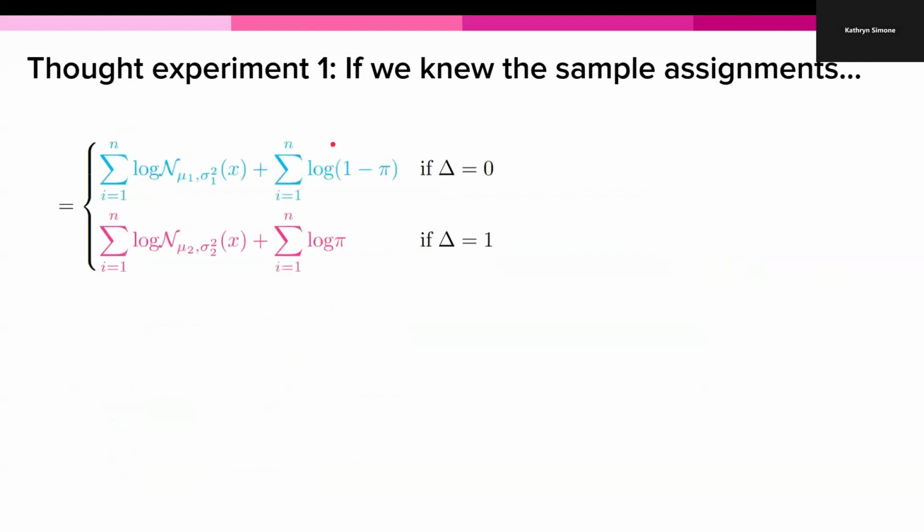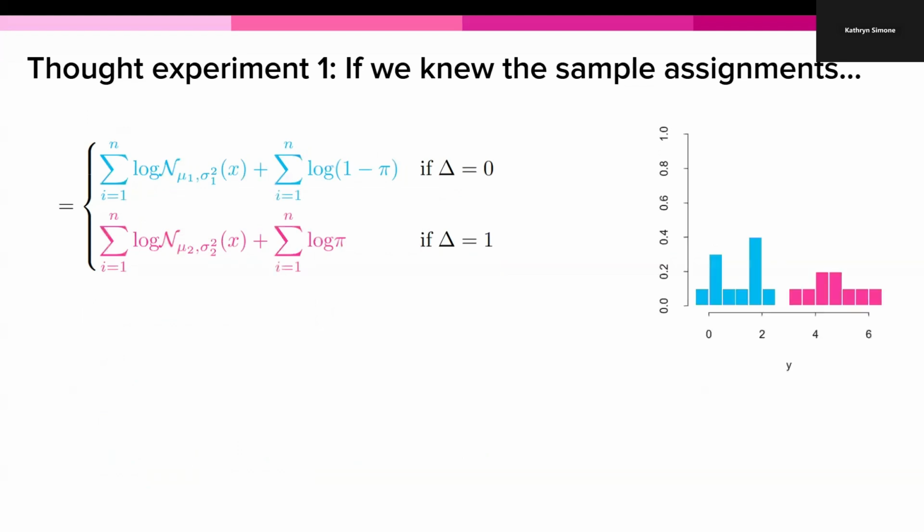So the trick is that once we know the sample assignments, estimating the parameters becomes totally trivial. The maximum likelihood estimates for the means and the variances, mu1, sigma1 squared, mu2, sigma2 squared, are just the sample mean and the variance of the data points assigned to each Gaussian.